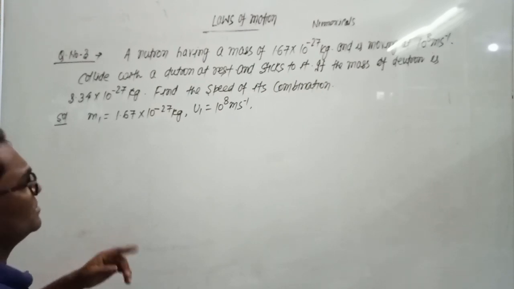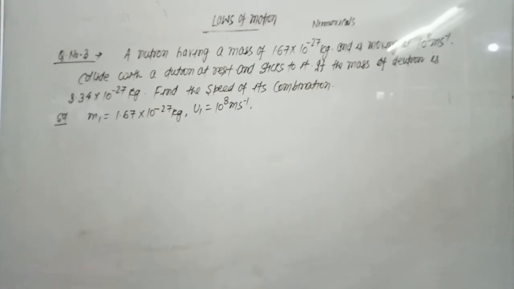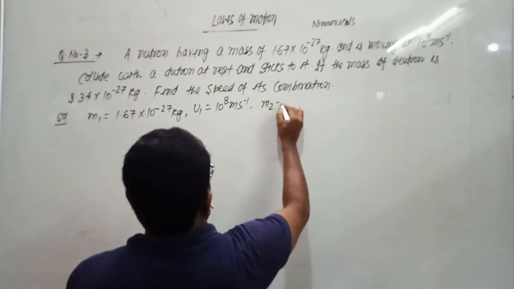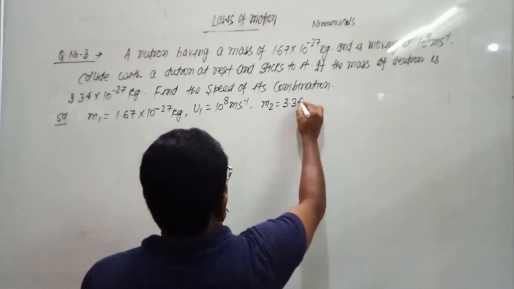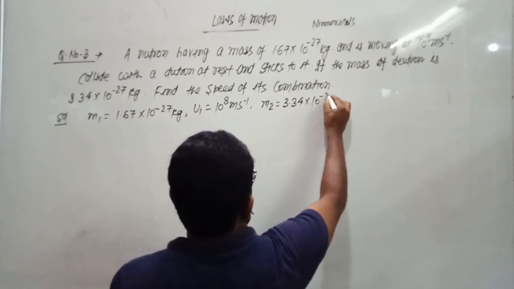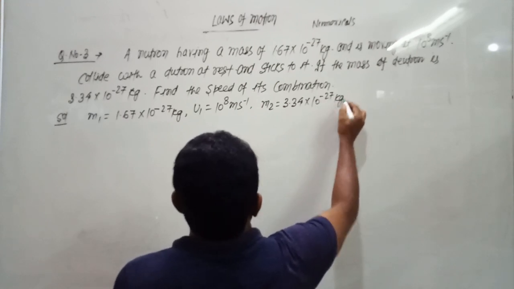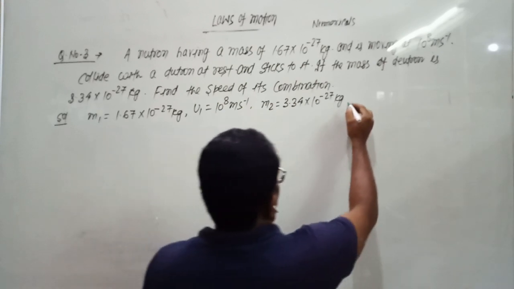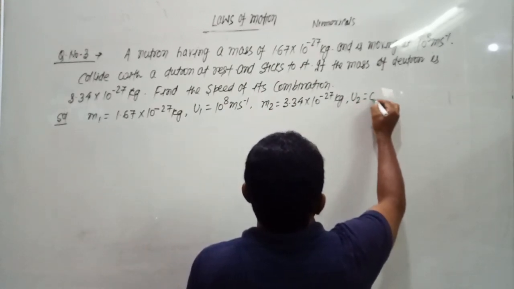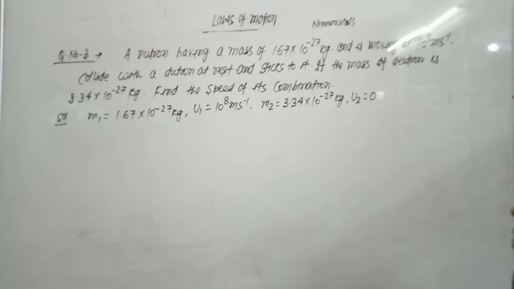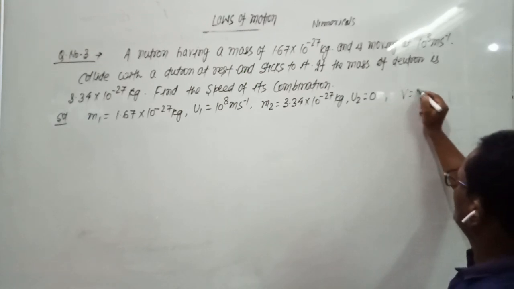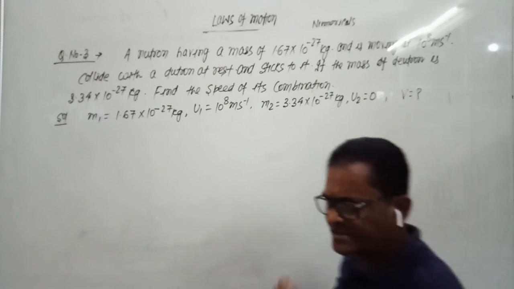The mass of the deuteron is twice that of the neutron, so m2 is 3.34 × 10^-27 kg, and the deuteron is at rest, so u2 is 0. We have to find the speed of the combination.